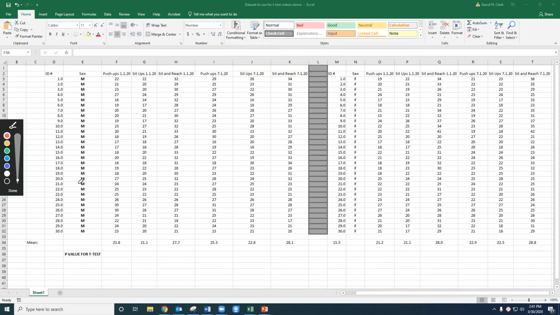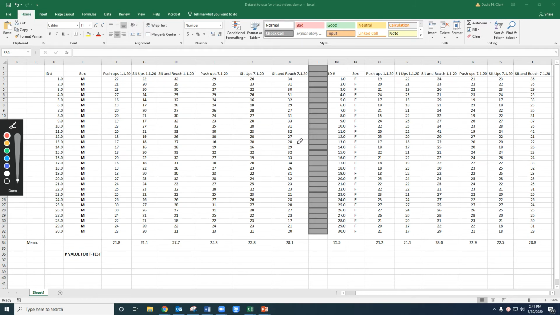Now I want to show you something. Here's an example of what I'm talking about. Let's look at push-ups. Right down here, this is the group mean. On January 1st, the average number of push-ups for the whole group was 27.7.